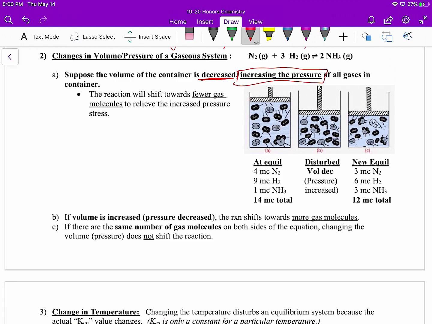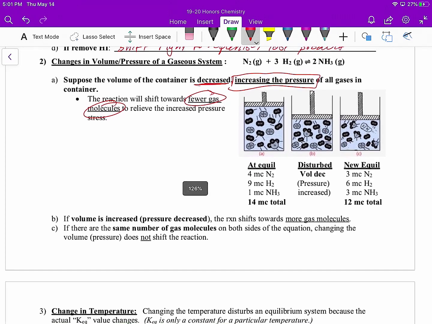If you decrease the volume, increase the pressure, the reaction is going to try to shift toward a way that can make it less pressure. You want to lower the pressure to try to relieve that increase that you just created. The way you do that is by shifting toward fewer gas molecules, right? Less gas means you're going to have a lower pressure.